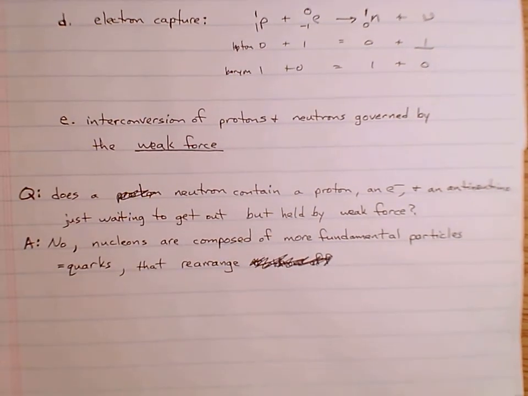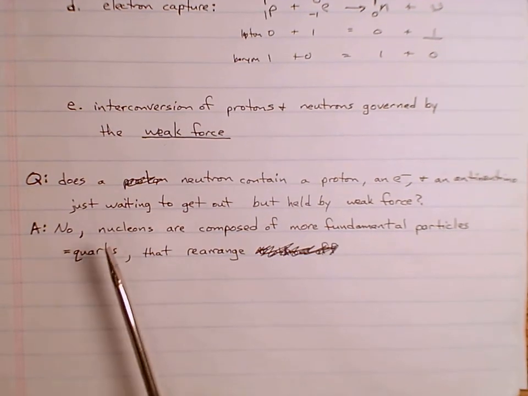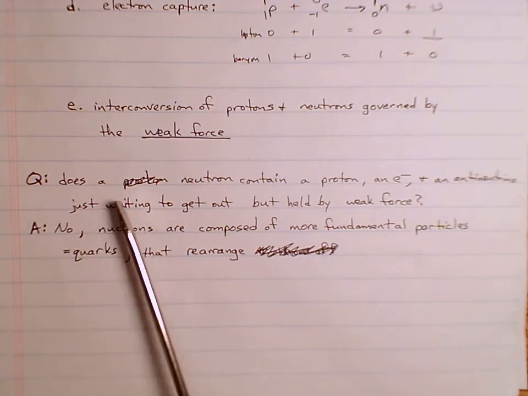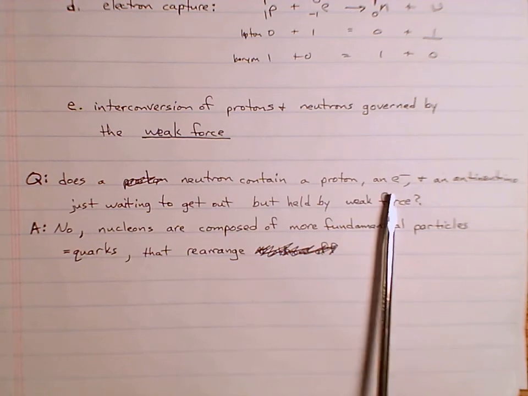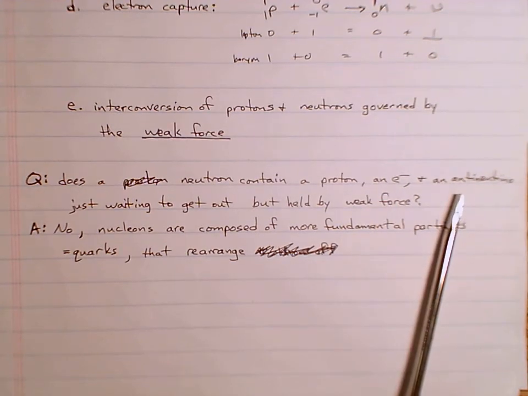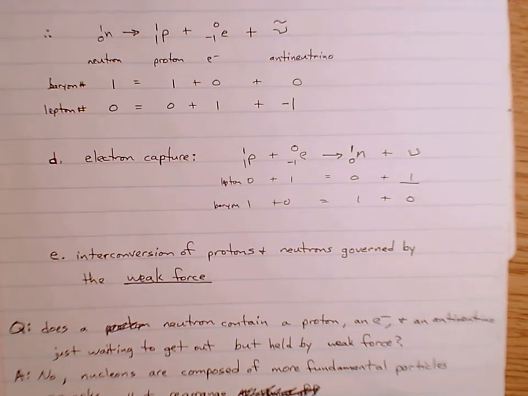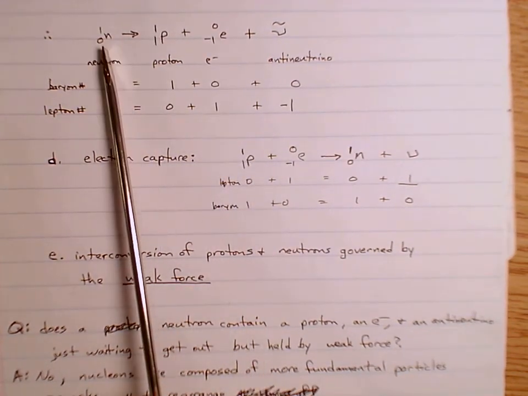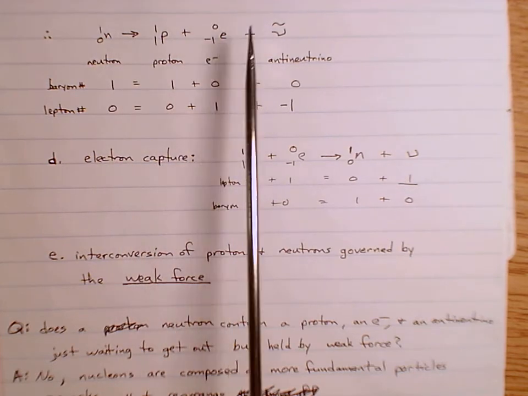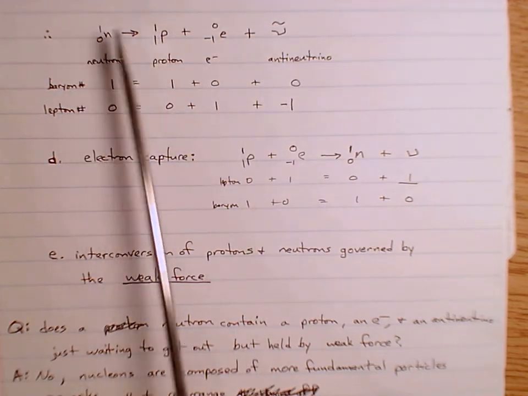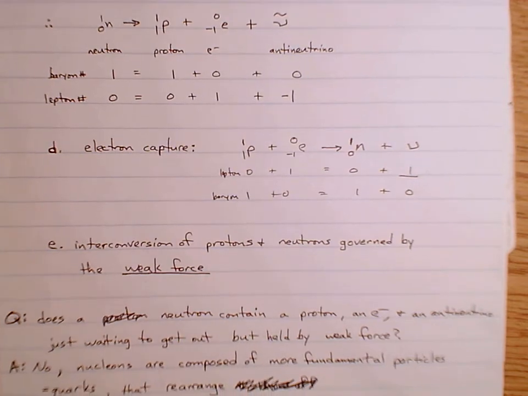All right. And finally then, this video question. Does a neutron contain a proton, an electron, and an antineutrino? Because when you think about chemistry, when you look at this reaction, we start with a neutron, and it gave off a proton, an electron, and an antineutrino. So is a neutron a combination of these 3 things?